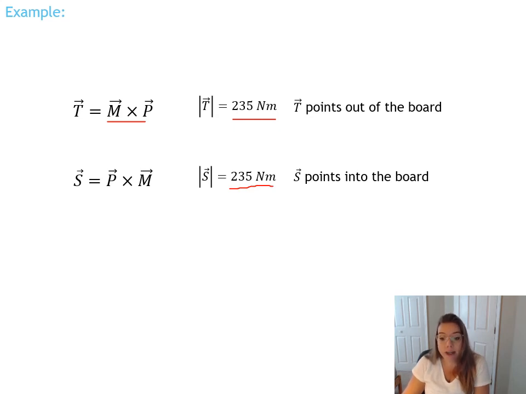But the direction of the result of the cross product depends on whether we were crossing P with M or M with P. The order of the vectors in the cross product operation does affect the direction of the result. So vector T and vector S are exactly opposite of each other.